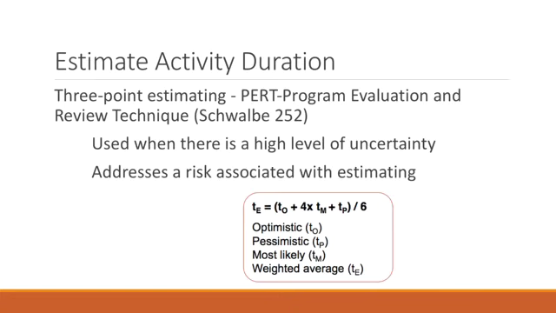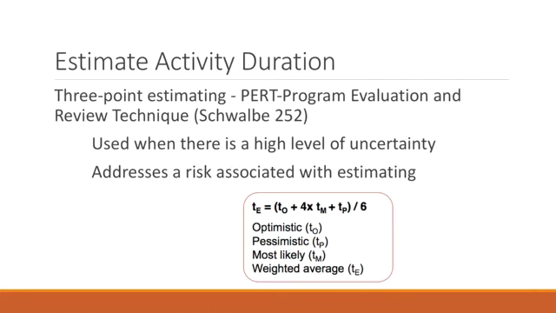So as you can see on the formula at the very bottom, you have the optimistic time plus 4 times the most likely time plus the pessimistic time, and if you divide all that by 6, that will give you a weighted average of what the estimation for that activity should be.